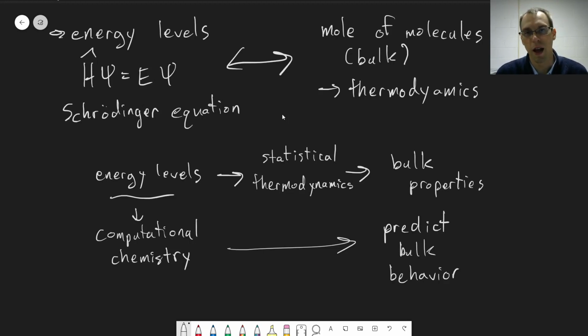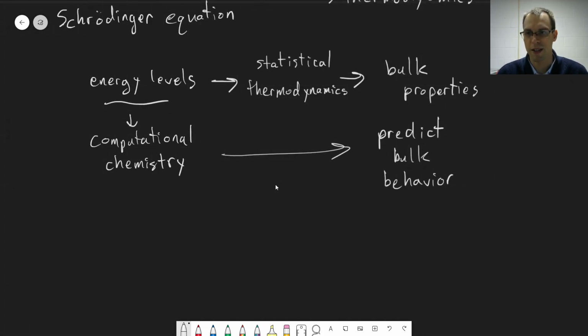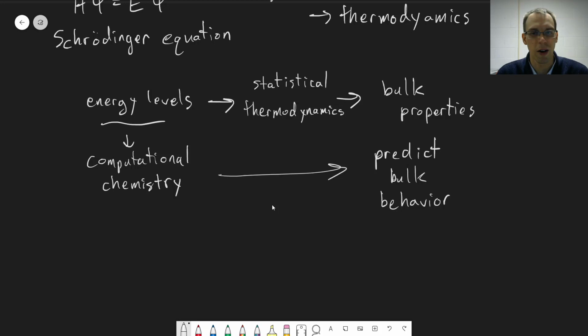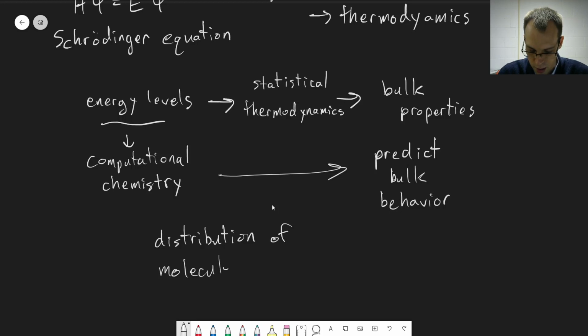One other thing that we can get from statistical mechanics is that if we know bulk behavior, we can also infer what's happening with individual molecules. For example, one thing I'm particularly interested in as a spectroscopist is that there's a link between the distribution of molecules in energy levels, and that's linked to the temperature of a system.